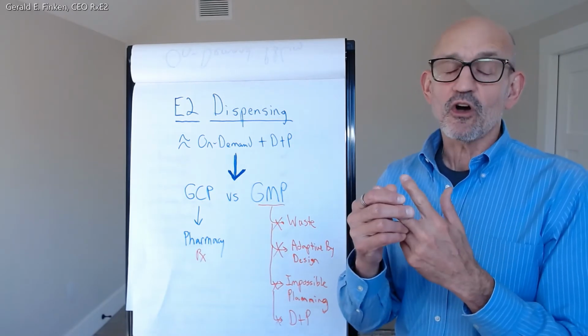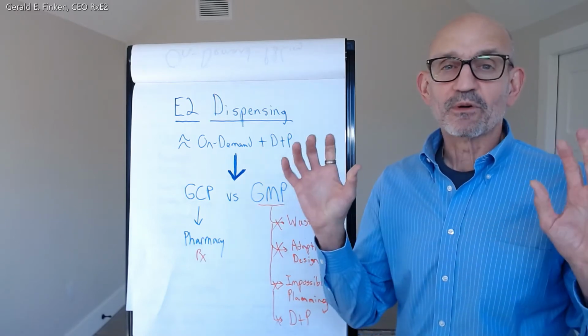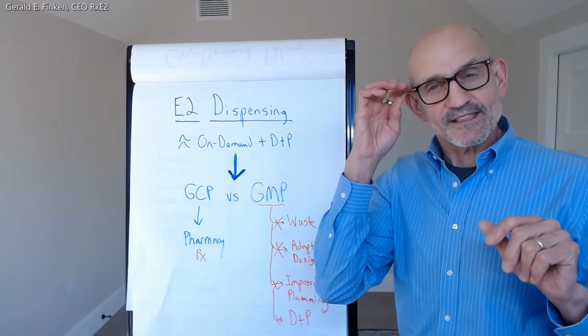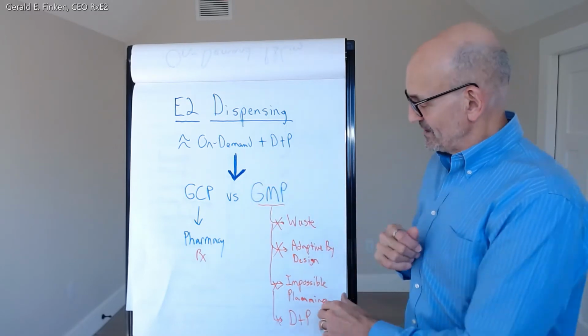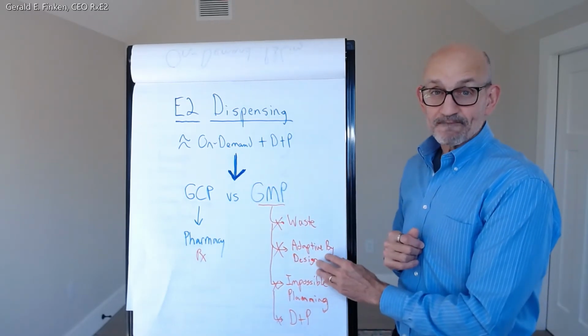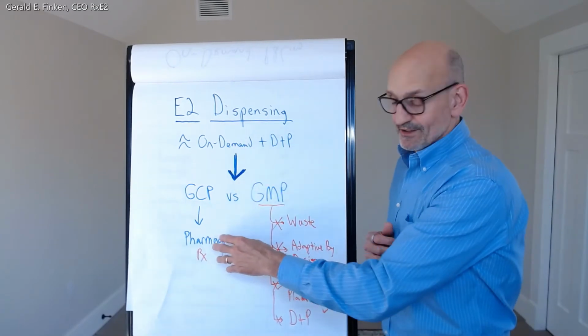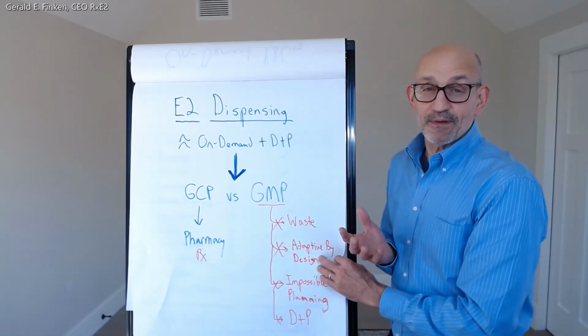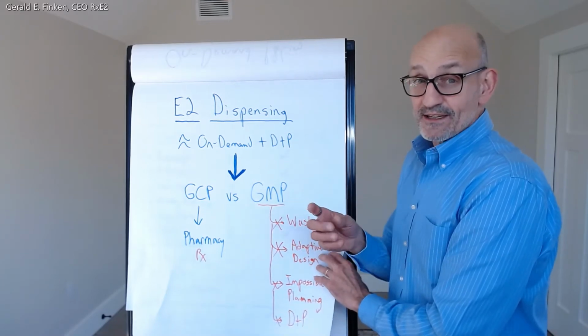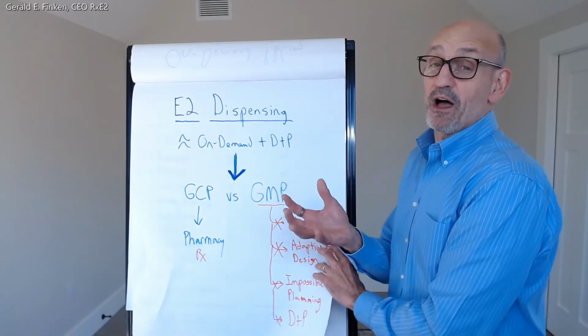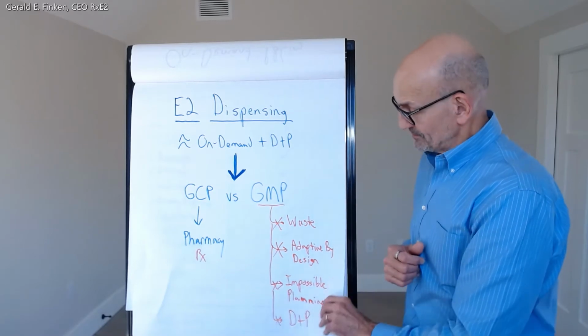And two is the costs from clinical supplies were exorbitant. It's been stated that they did 600% overages to try to compensate for adaptive by design. In this E2 model, this could happen every day. The patient gets a new medication each week, each two weeks, each month. It's really no issue at all.